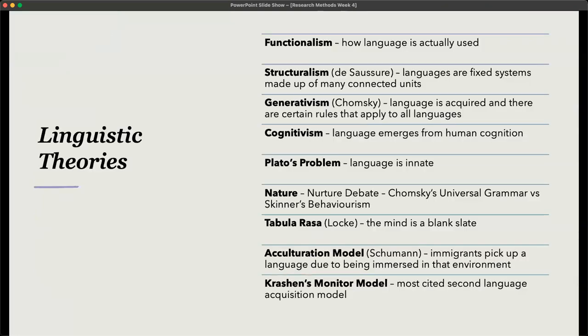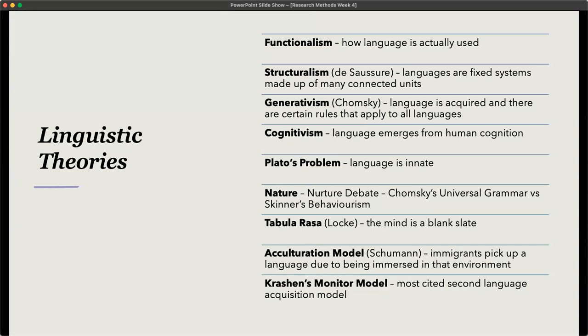Okay, let's look at some linguistic theories. We've got functionalism, how language is actually used. Structuralism, languages are fixed systems made up of many connected units. Generativism, language is acquired and there are certain rules that apply to all languages. Cognitivism, language emerges from human cognition. Plato's problem, language is innate.